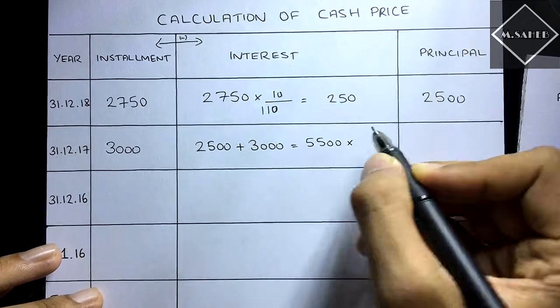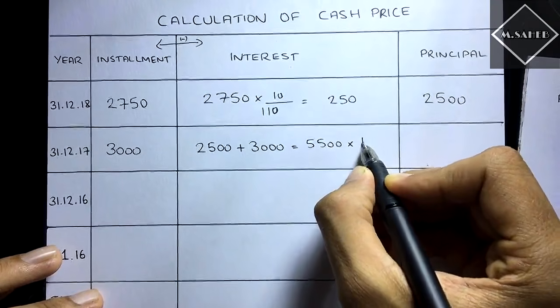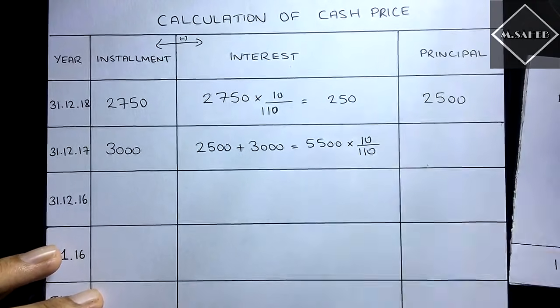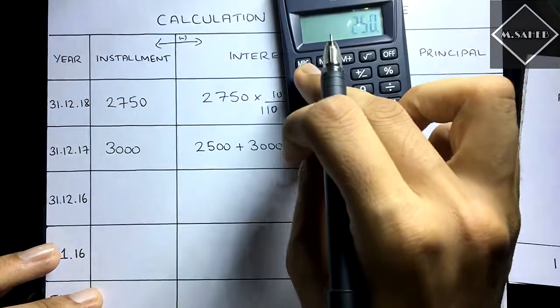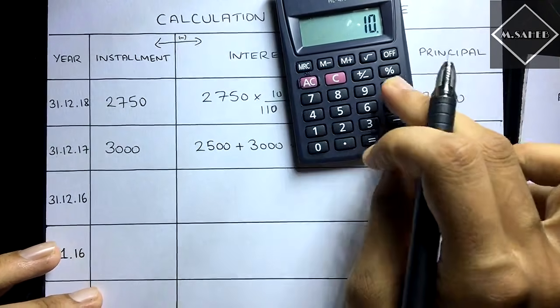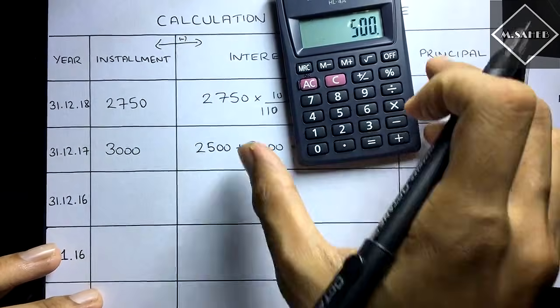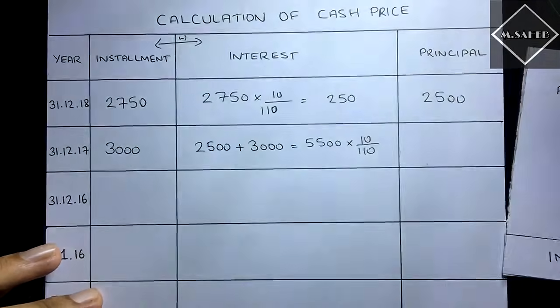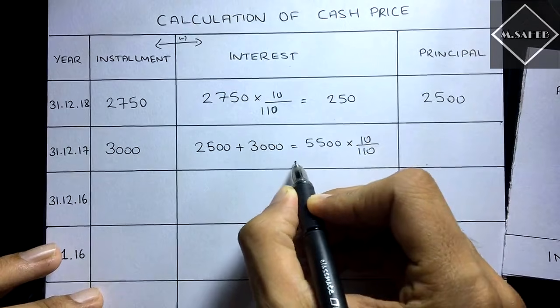Then on this amount you have to calculate the interest, that is 10 divided by 110. So 5500 into 10 divided by 110 is equal to 500 rupees. So 500 rupees is the interest.